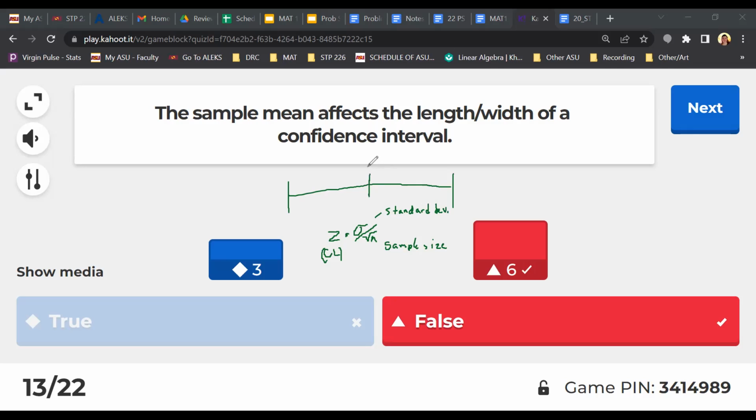The mean, or if we're doing proportions, the sample proportion is just going to affect where the center exists, like what number the center is. The width is going to be determined by these three things: the confidence level, the sample size, and the standard deviation.